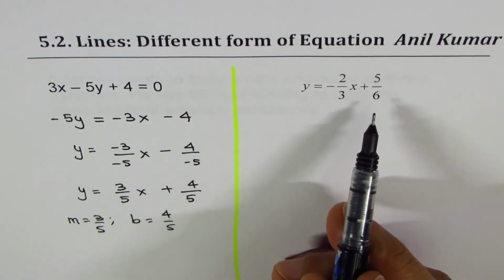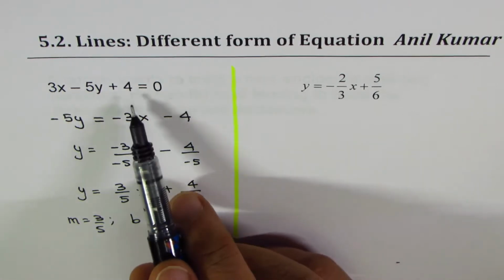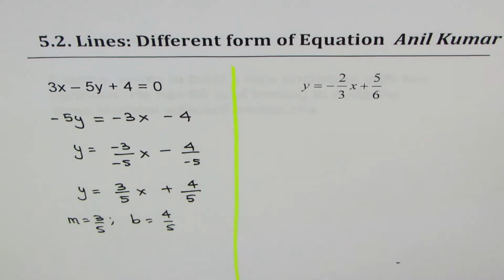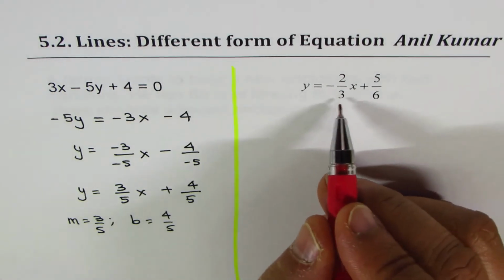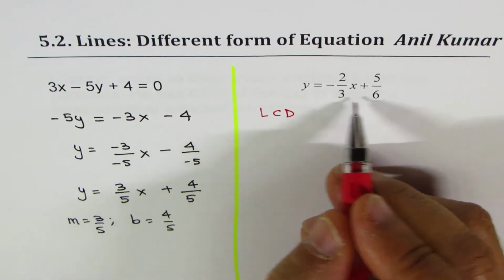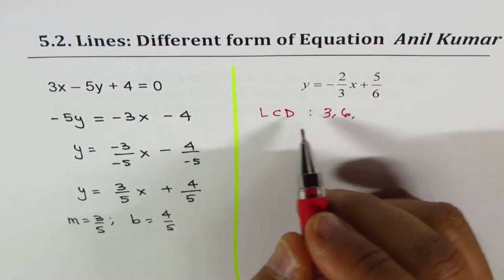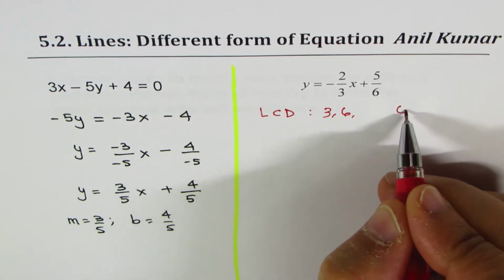Let's work with the second equation, which is in slope-intercept form. Let's write it down in standard form. How do we do that? The trick here is, whenever you have fractions, you have to find the lowest common denominator, or multiple you can say. Between the numbers 3 and 6, the lowest common denominator is 6, correct?